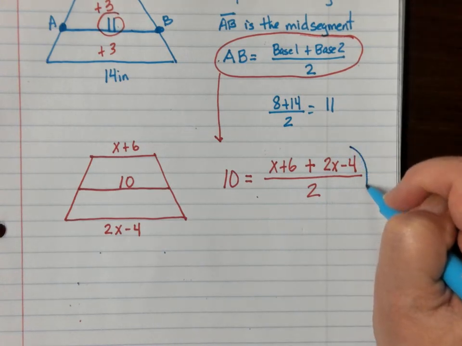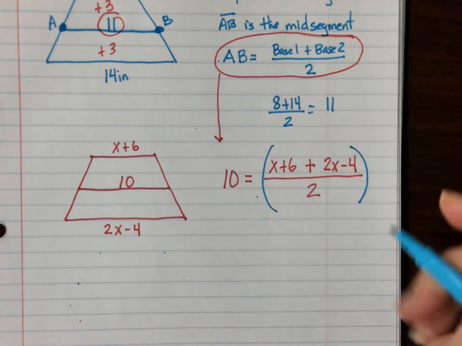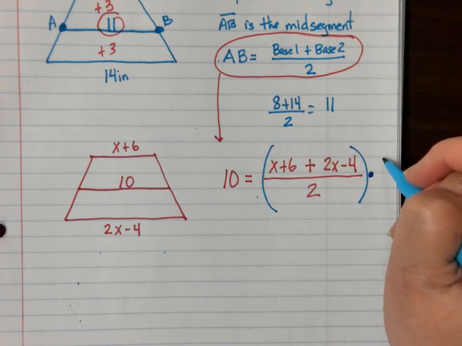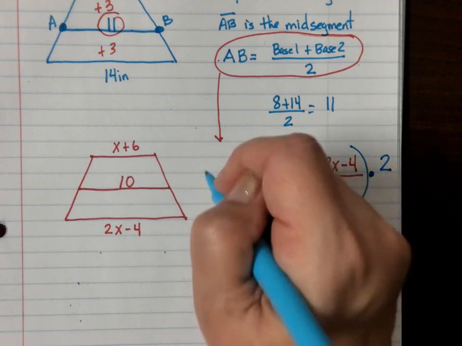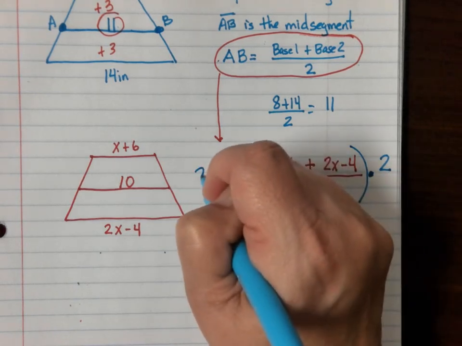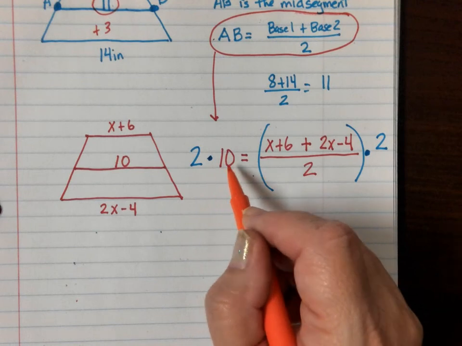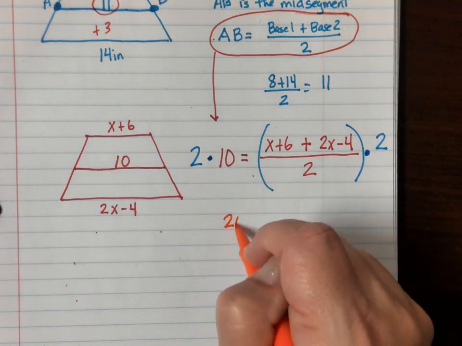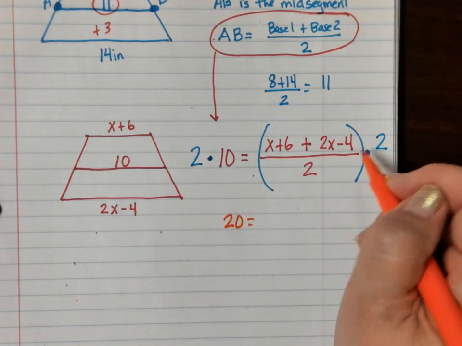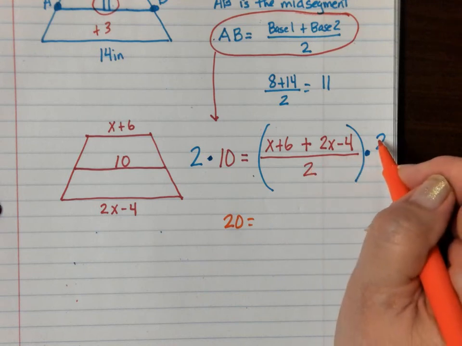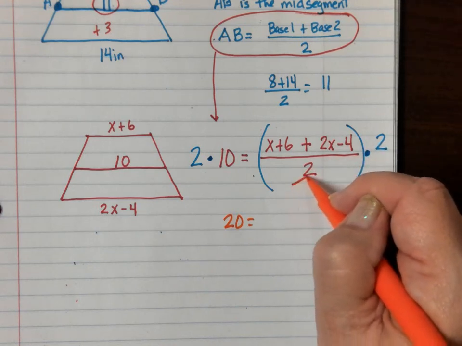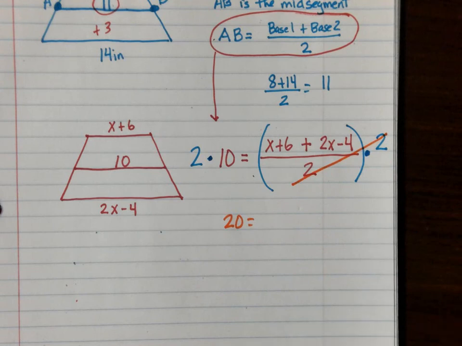So we're going to take this whole entire side, and we're going to put a times 2, and then on this side we're going to put a times 2. Okay, 2 times 10 is 20. This 2 divides with this 2. 2 divided by 2 is 1.